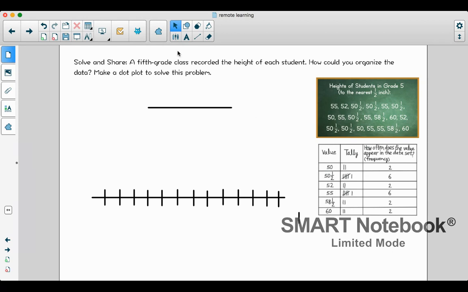Okay. So again, a fifth grade class recorded the height of each student. I'm bad at these lines, so let me try this again. Okay. How could you organize the data to make a line plot to solve this problem?